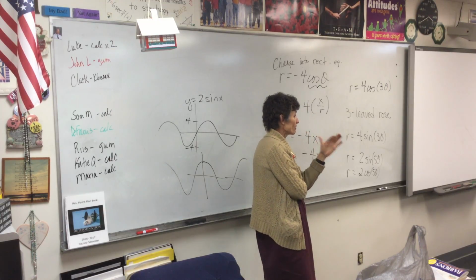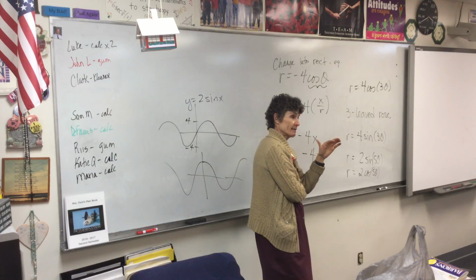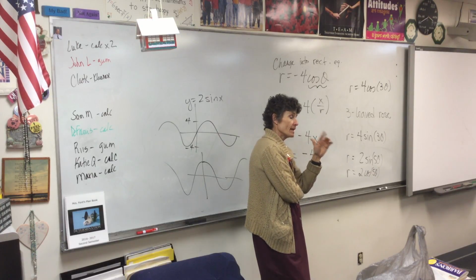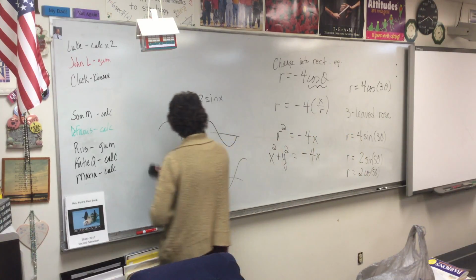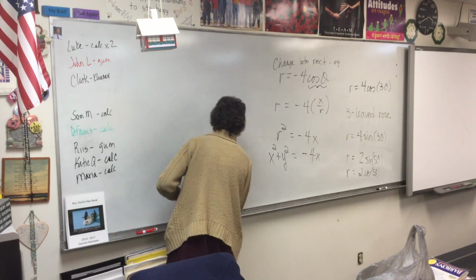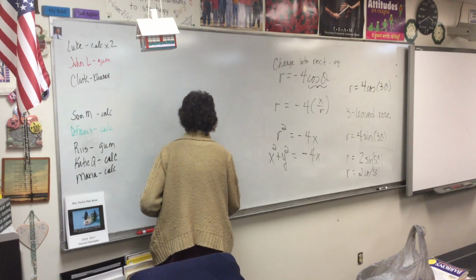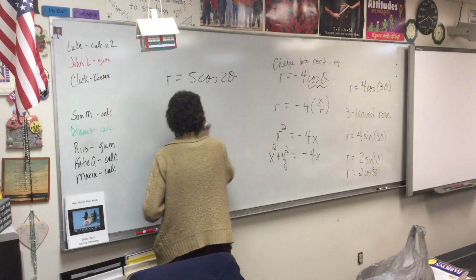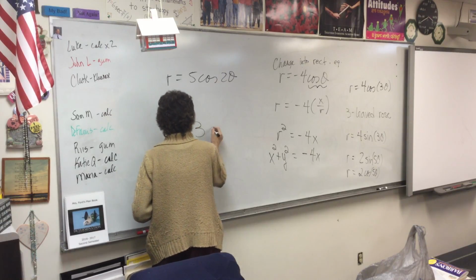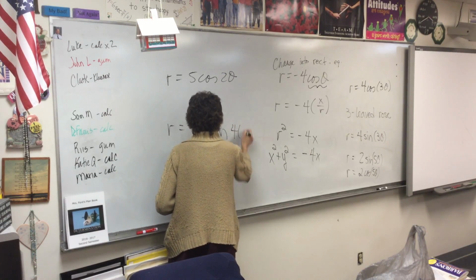Now you are all thinking that you've got this. Now I'm going to mess you up, because now I'm going to have you graph this. And when you're done with that one, I want you to graph this one.